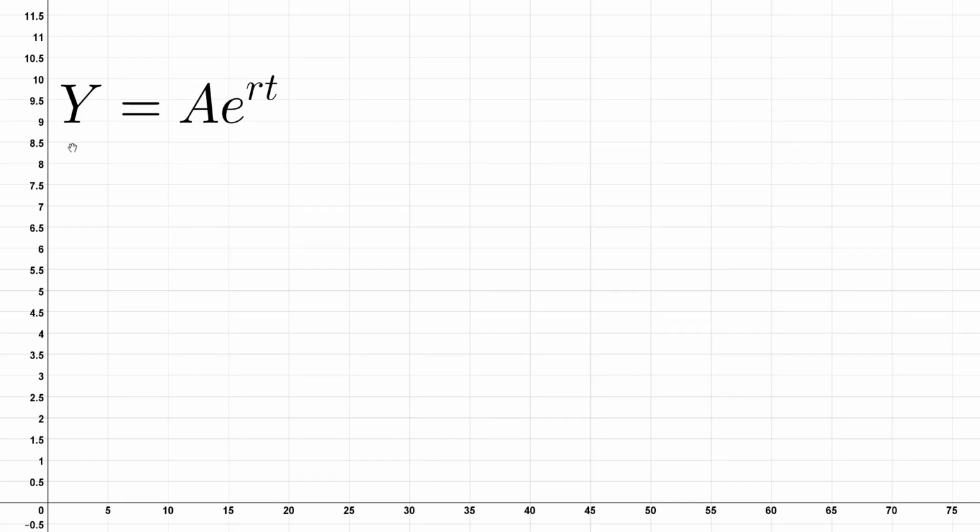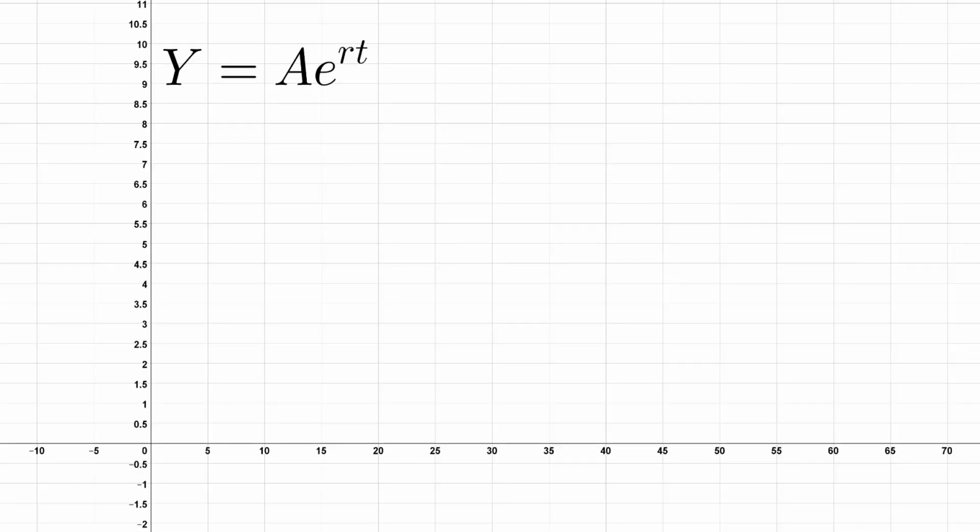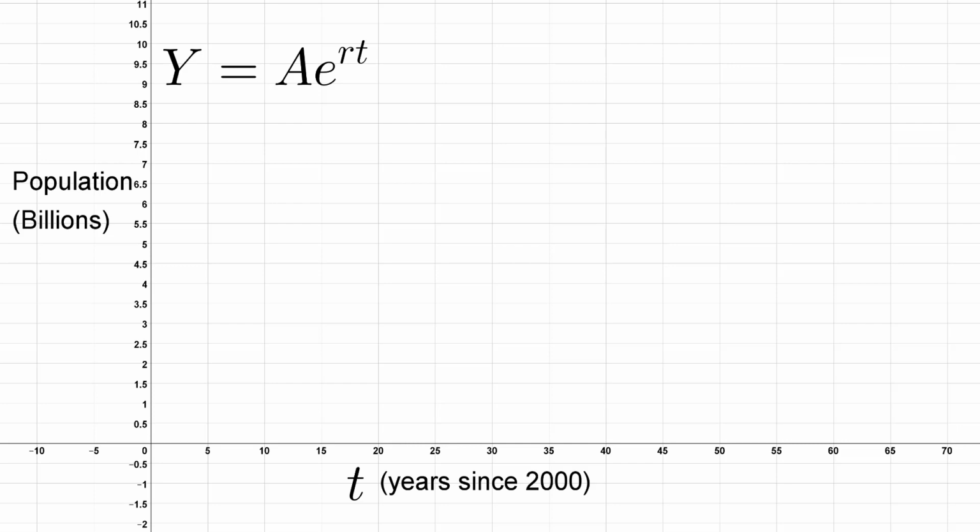So let's have a look at the graph of this situation. We want to create a function of the format y equals a e to the rt, where our input is time, more specifically how many years have passed since the year 2000, and our output is going to be the population in billions.